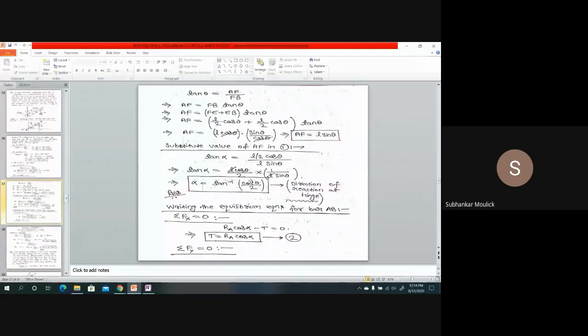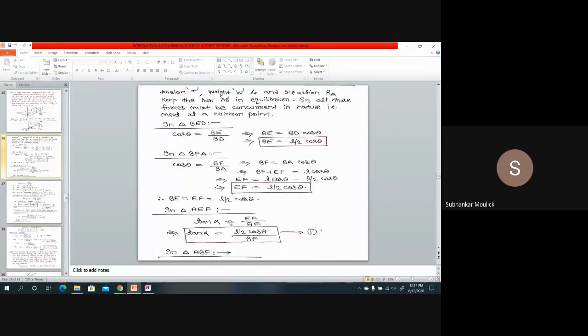So tan alpha is equal to 1 by 2 cos theta into, when you make it, this sin theta will come in the denominator, and cos by sin is nothing but cot theta. So tan alpha is equal to cot theta by 2, or alpha is equal to tan inverse of cot theta by 2. This is the final answer.